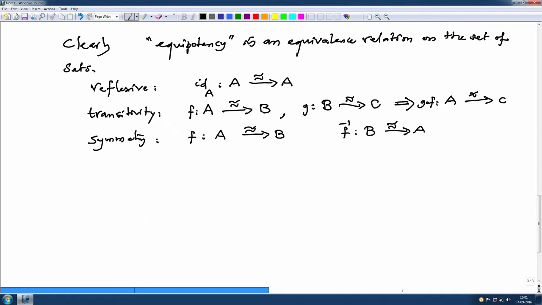So, for any equivalence relation we can talk about equivalence classes.